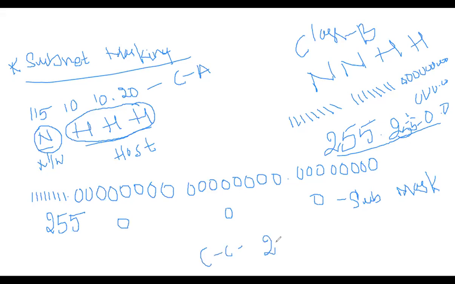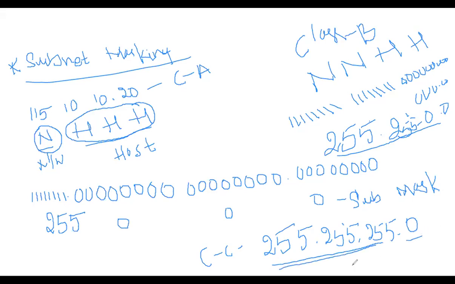For class C, what is the subnet mask? That is 255.255.255.0. Why? Because 3 octets are reserved for network, and 1 octet is reserved for host.